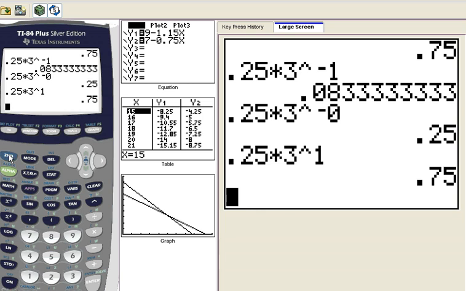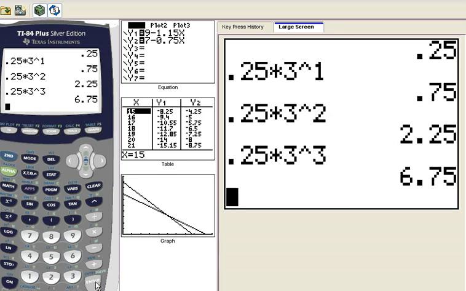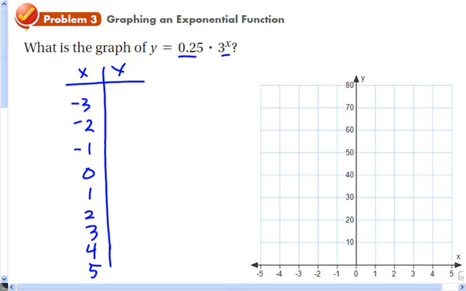0.75. 2. 2.25. 6.75. And you can see what I'm doing, but basically we're going to have these values to graph. Remember, these were really little values.